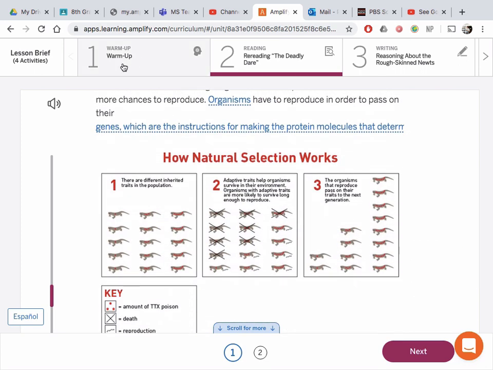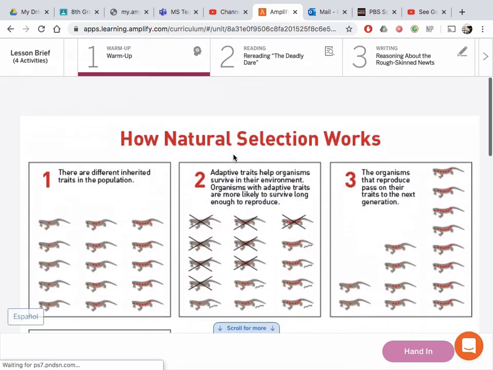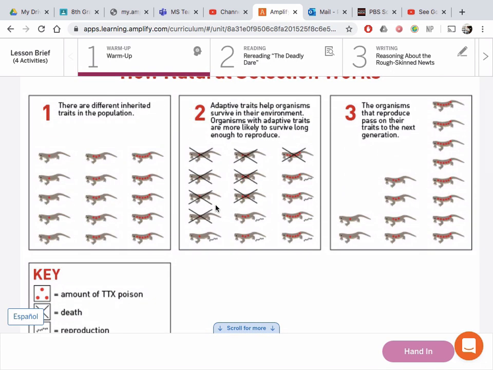This diagram is pretty important for understanding this and for your scientific argument. In the beginning, there was a bunch of newts with some variation, different levels of poison, which is the red dots. Some have a lot of poison, some don't have a lot of TTX poison. The adaptive trait, which is the level of poison, helps certain organisms survive in their environment.